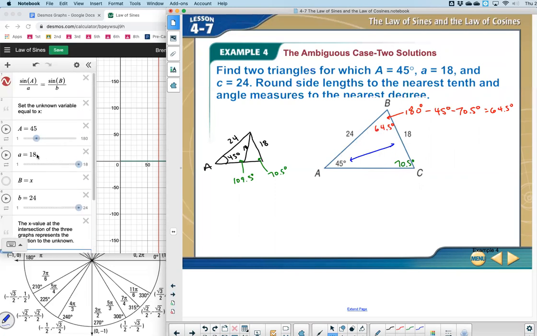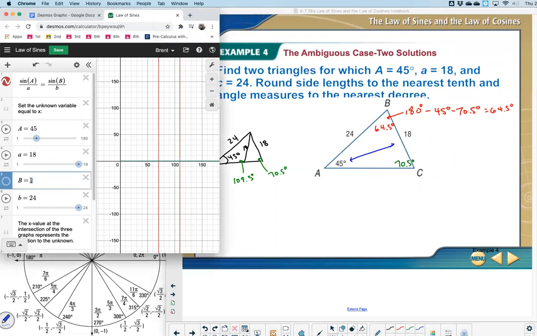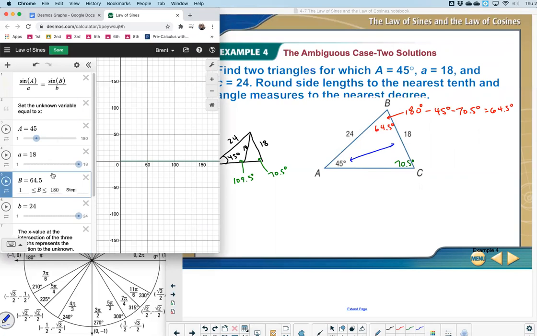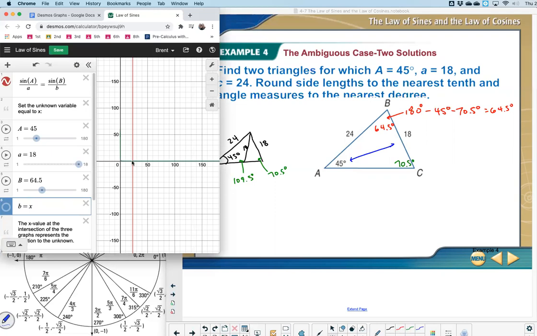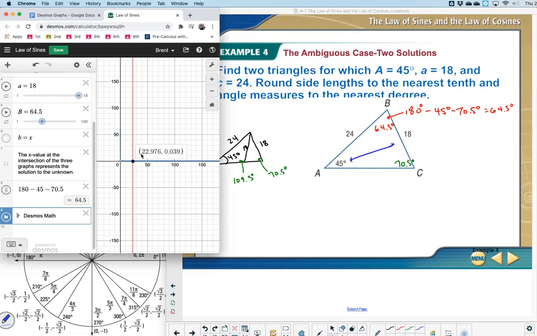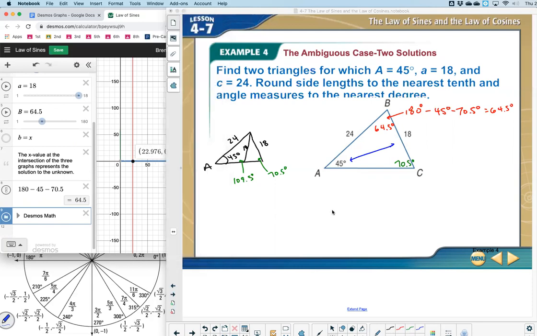I come back over, I still have my completed set of 45 and 18, but now I'm going to use angle B as 64.5, and my unknown is side B here, which the calculator tells us when I round is going to be 23. 22.976 is going to round to become 23.0. So that's the solution set for that triangle if it were this way.